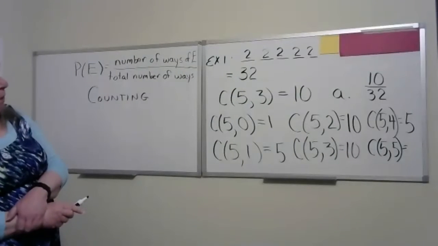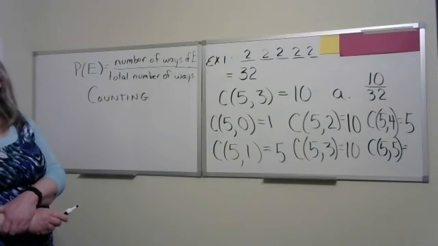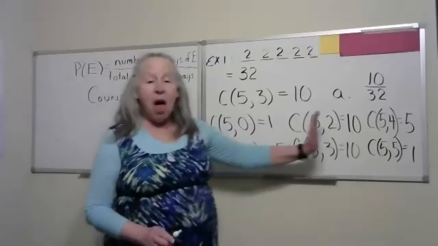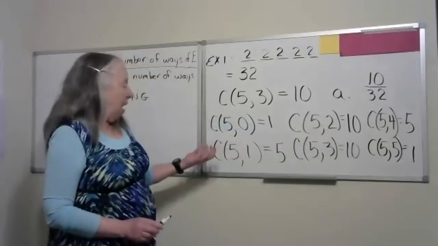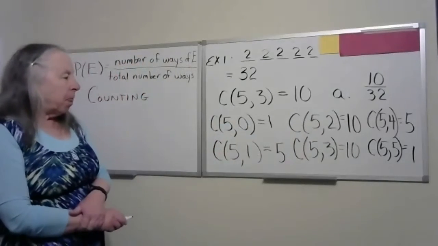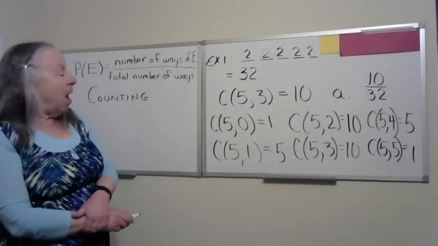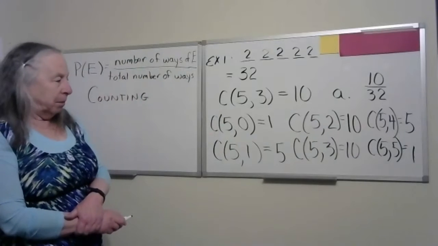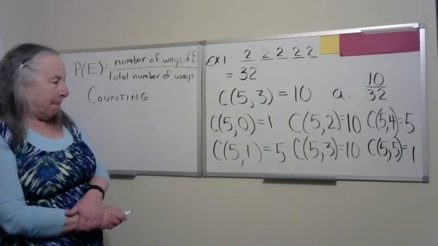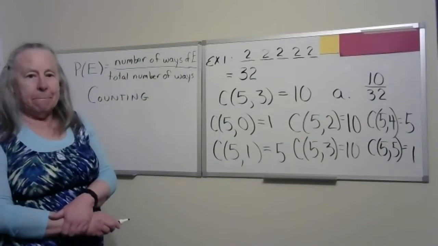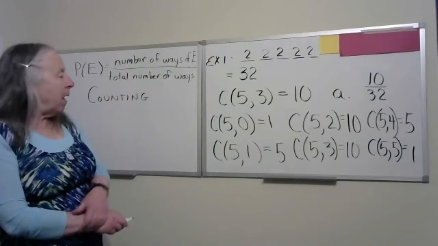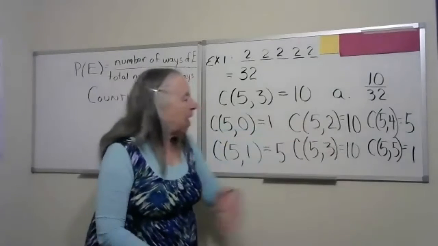Delaney, what about 5 choose 5? I got 1. Okay. So here are all our possible outcomes. Go ahead and add those all up. Hannah, when we add all these numbers up, what do we get?